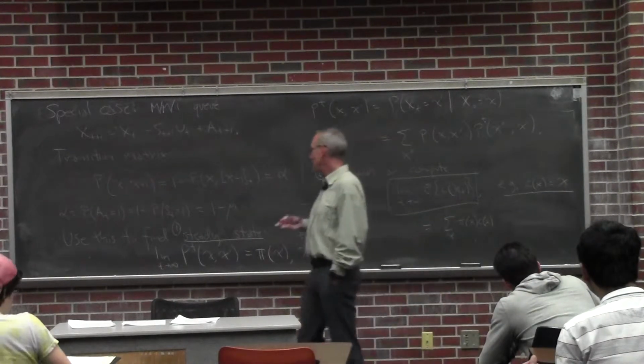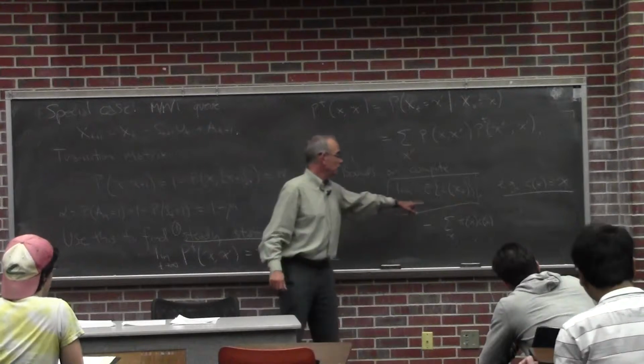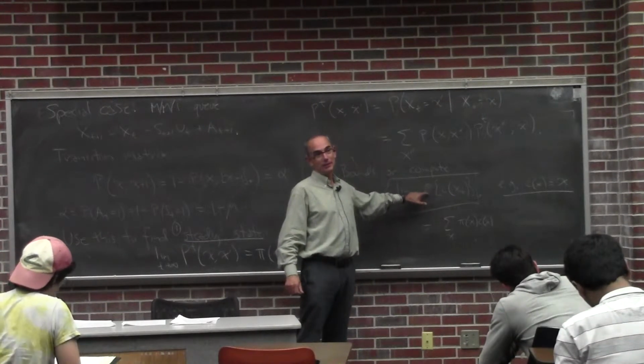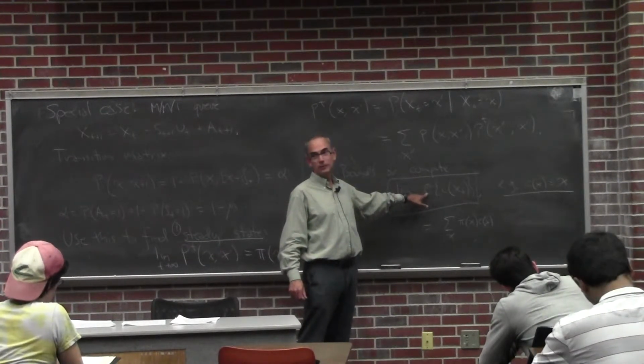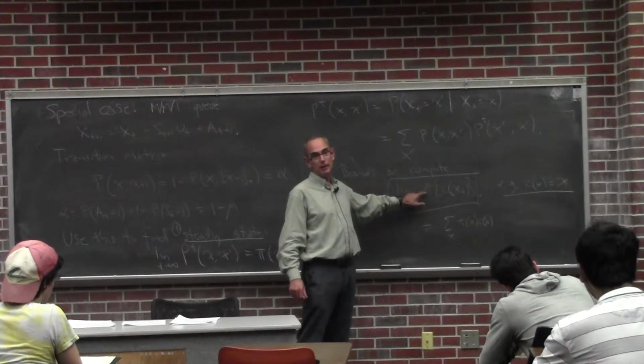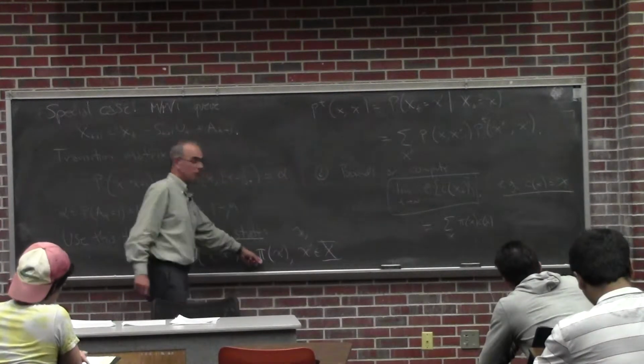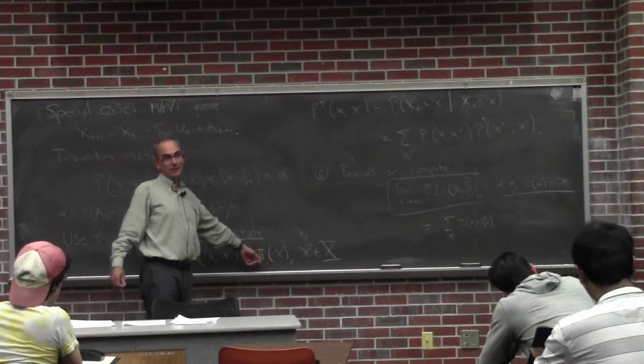But we rarely need to know pi to compute that. We use these Lyapunov techniques, and we get bounds to compute this. And it's much more efficient than trying to compute this huge monster in general.